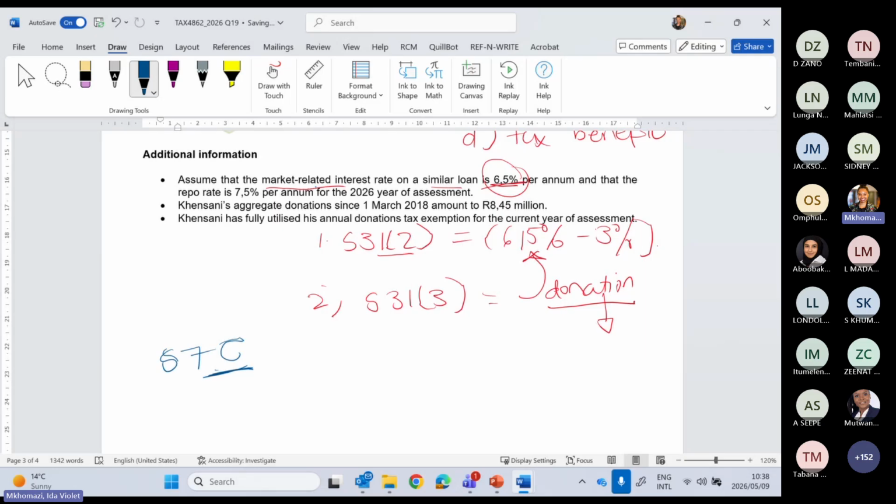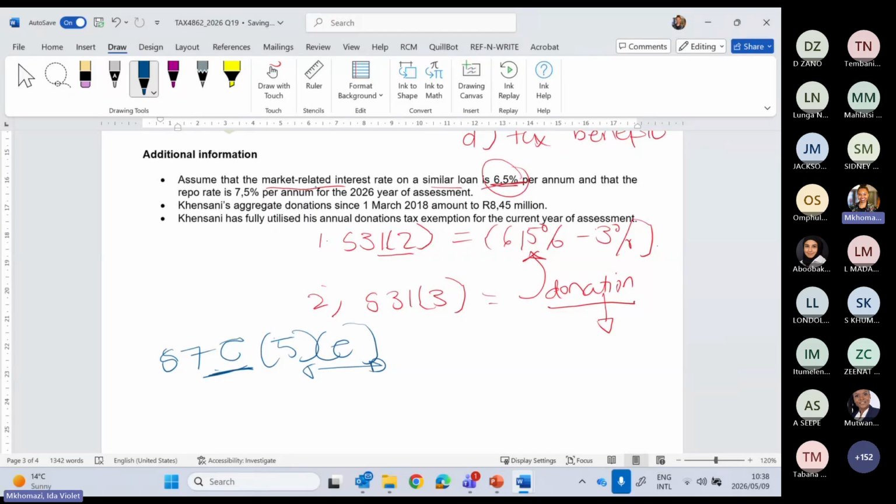Section 7C is applicable here because there was a loan made by a natural person to a trust and both parties are connected persons. Then you had to consider the exemptions in Section 7C, and if you go through them, you had to recognize that Section 7C(5)(e) was applicable, and bring that into the discussion.